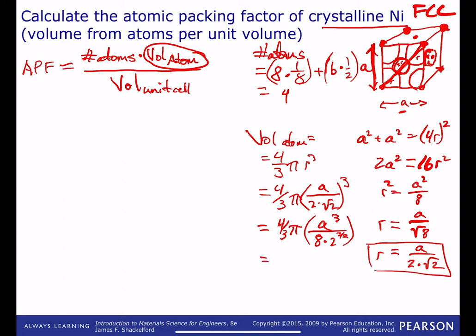And that can simplify down to 4 pi a cubed over 3 times 8 root 8.